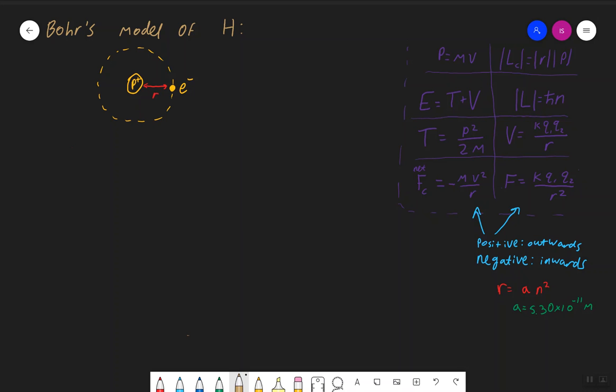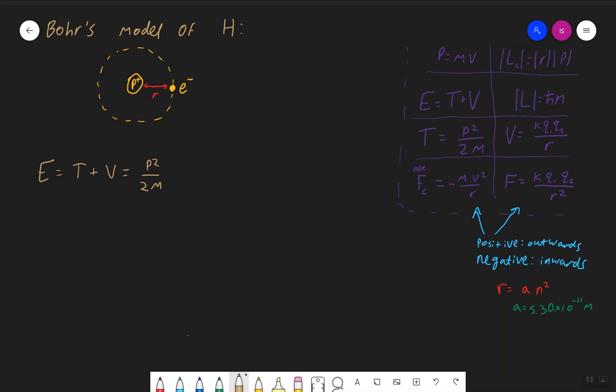What we know is energy is T plus V. And we can use some quantities here, our T and V, to substitute in. So E equals T plus V. But we know T is p squared over 2m. So let's write that here. We got T is p squared over 2m.